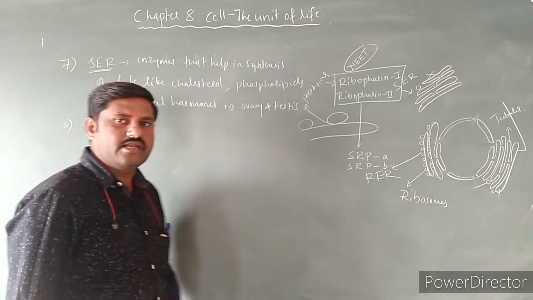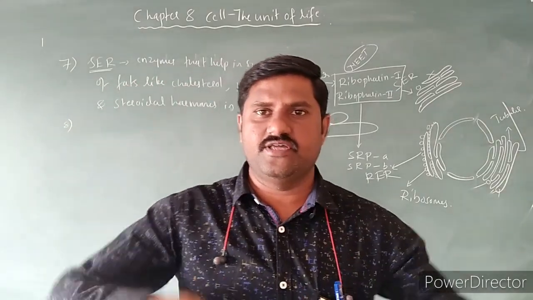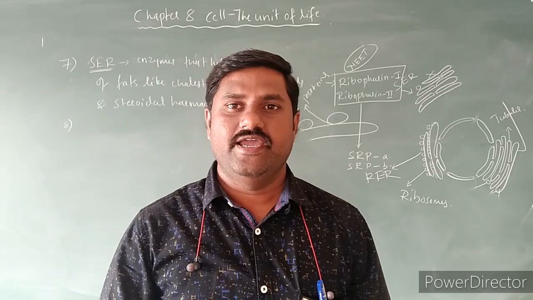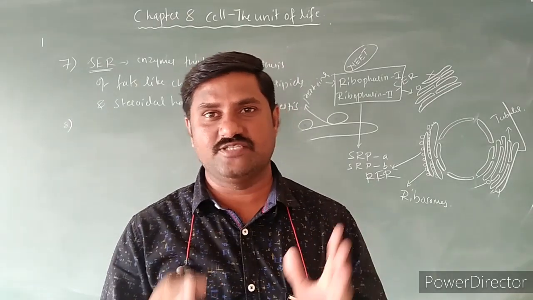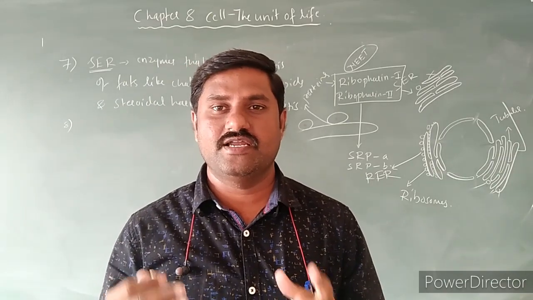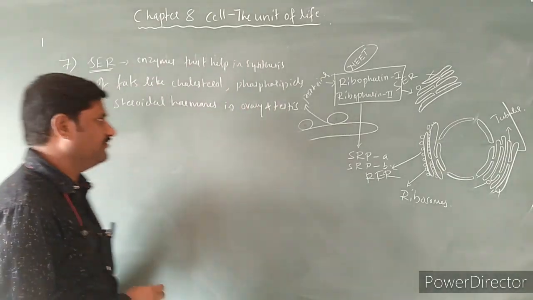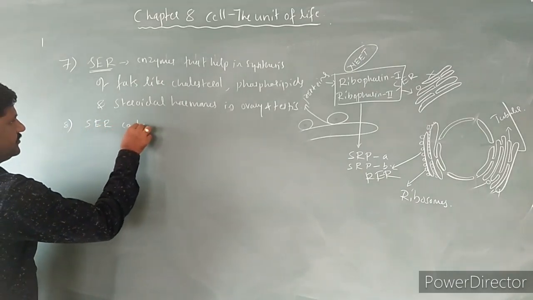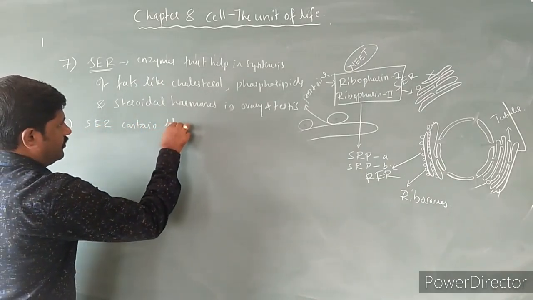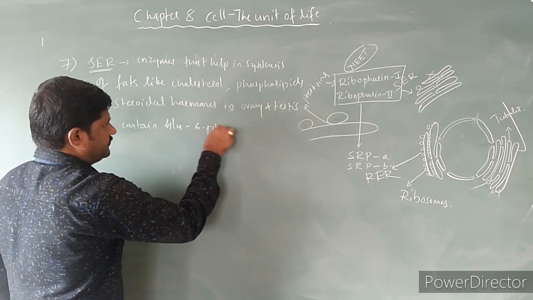And SER also helps in some other functions, like it contains glucose 6-phosphate, which helps in breakdown as well as formation of the glycogen itself, right? That is also very important. SER contains glucose 6-phosphate.